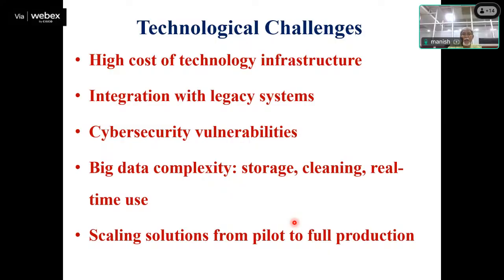Naturally, the scaling up from the pilot scale to a very large scale production is another important technological challenge. It is a common challenge that whenever we invoke a new technology, we try with the pilot scale, and then we go for the upscaling, and this upscaling is always a technological issue, and naturally that is another technological challenge.